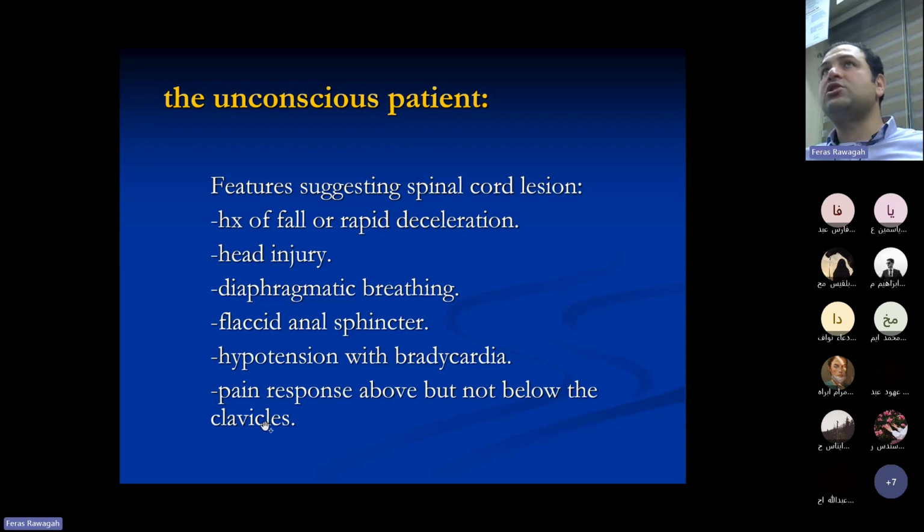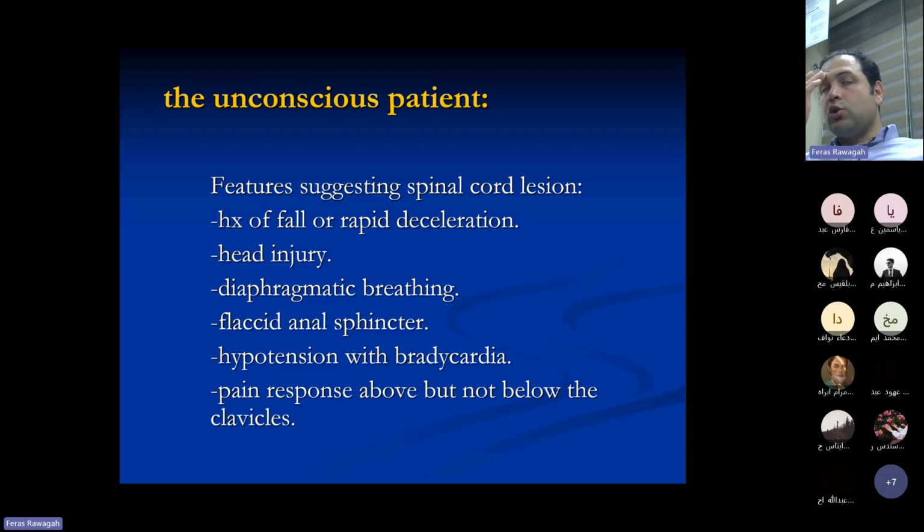This needs explanation actually. As you know, when we examine consciousness, for example with the Glasgow Coma Scale, we give a painful stimulus in order to examine the Glasgow Coma Scale. And when we give the painful stimulus, it should be above the clavicle actually.